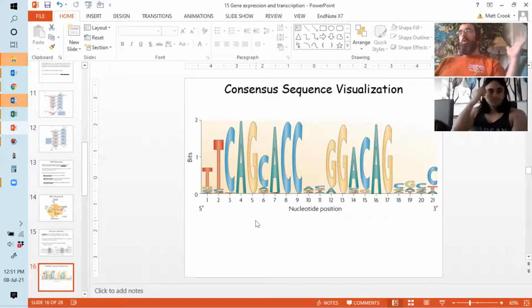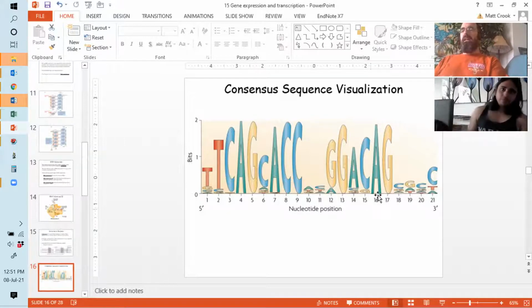If you look at a whole bunch of different genes or different organisms, and you find in every one of them at position 17 relative to whatever else we're talking about, there's a G, then that G is very important. It's recognized by something. And if that G isn't there, then that thing doesn't recognize it, basically.